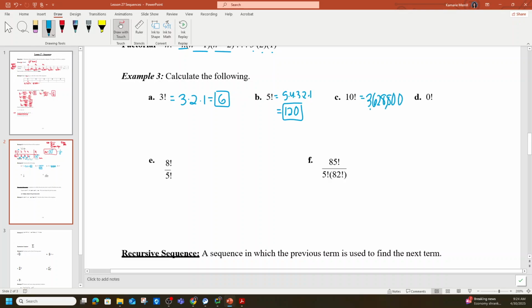Big number. Okay, what about 0 factorial? It's actually 1. I know that's weird. There's a proof on it in one of my classes, but we don't have time to talk about it, and I don't remember the proof exactly, so just kind of go with the flow on that. 0 and 1 factorial are 1. So 1 factorial is 1, and 0 factorial is also 1.